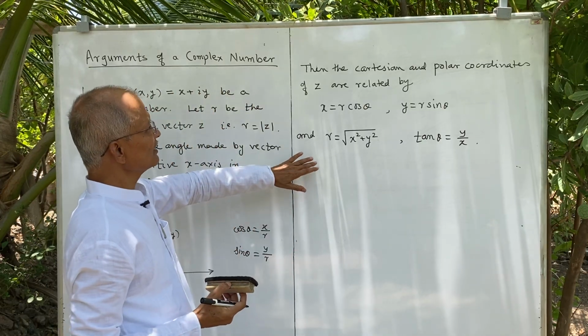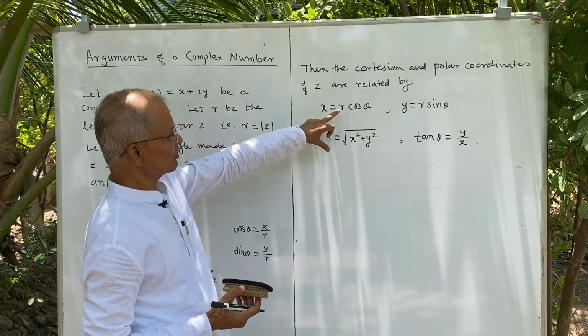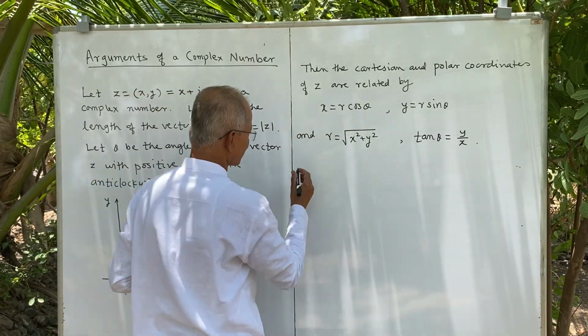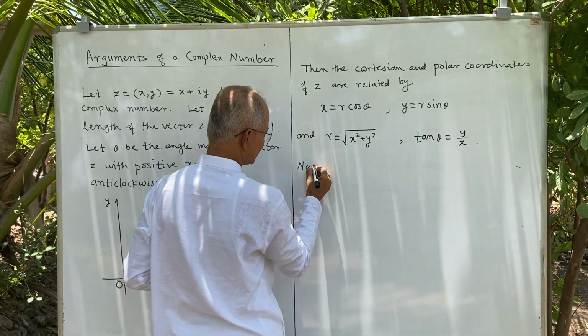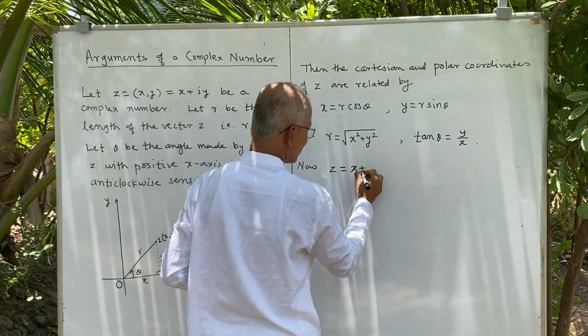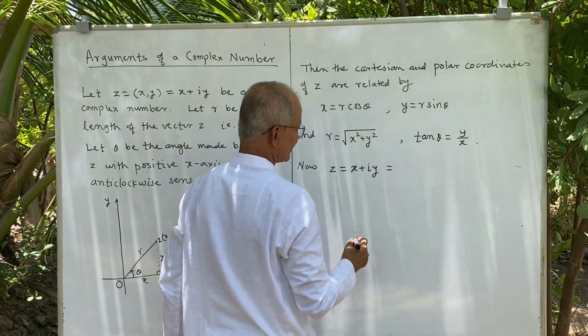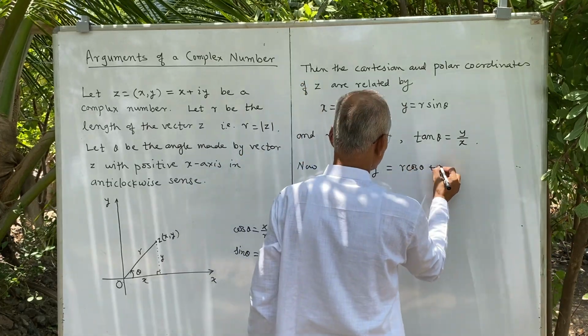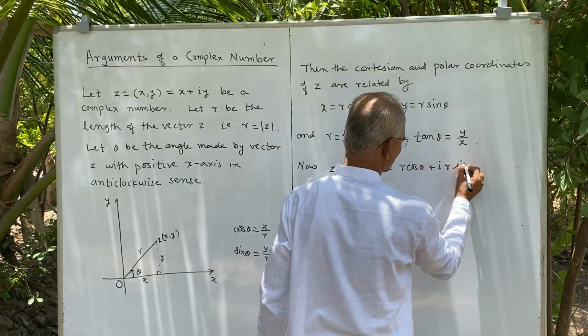Now with the help of this notation x and y, we further rewrite z. z is x plus iy, and now x is r cos theta plus i times y, which is r sin theta.